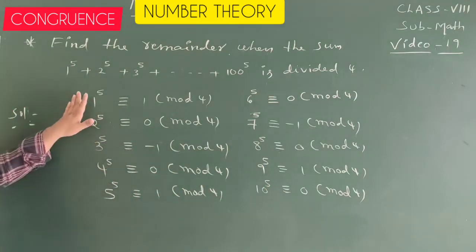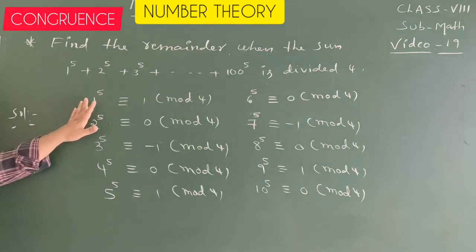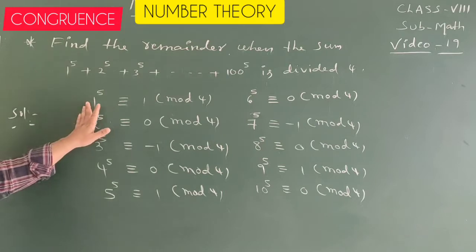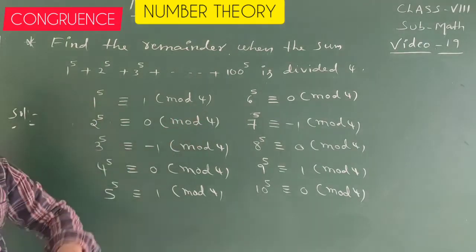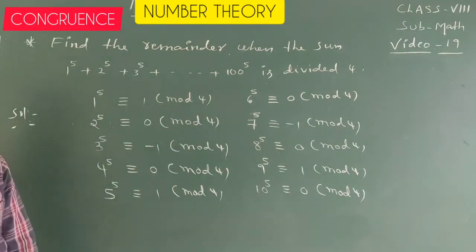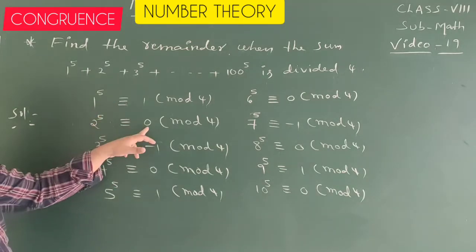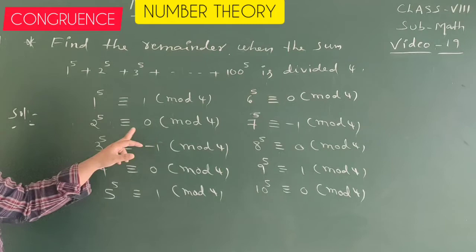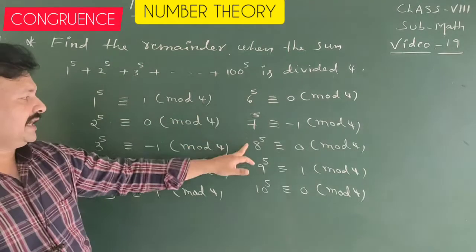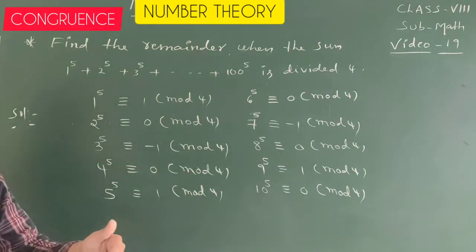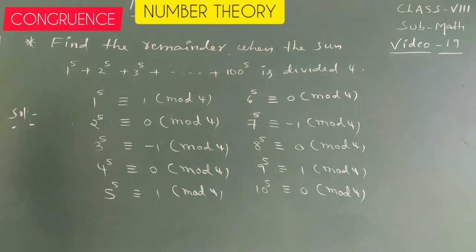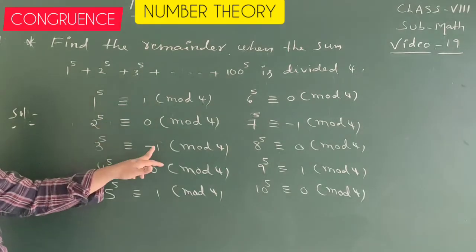By observing the given pattern, we can conclude that for every even number you will get 0 as remainder when divided by 4. So out of 100, for 50 numbers you will get 0, for 2, 4, 6, 8, 10, 12, 14, like that. For the remaining, the pattern is 1 and minus 1.